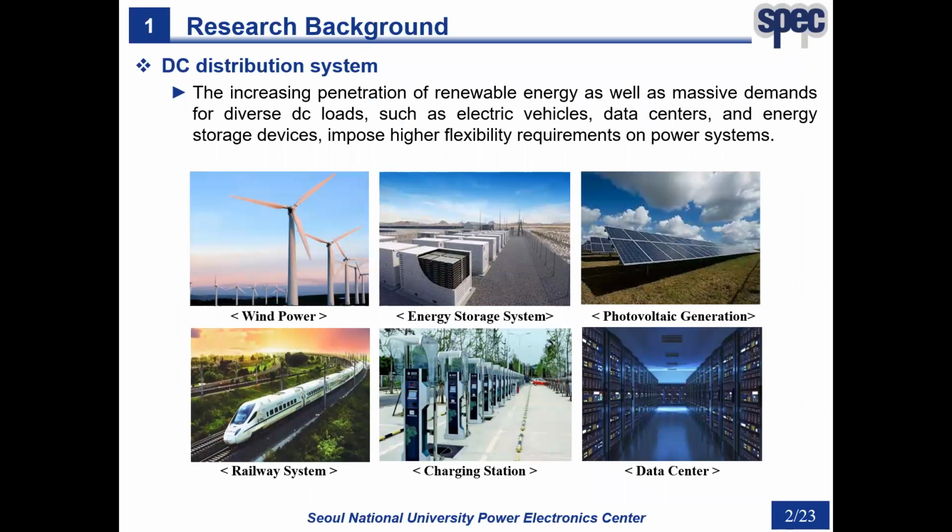The increasing penetration of renewable energies such as wind and solar, as well as massive demands for diverse DC loads such as electric vehicles, data centers, and energy storage devices, impose higher flexibility requirements on power systems.